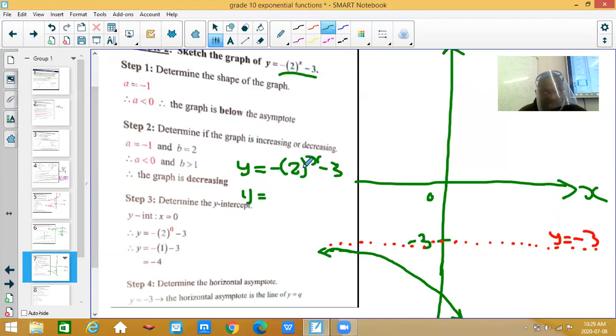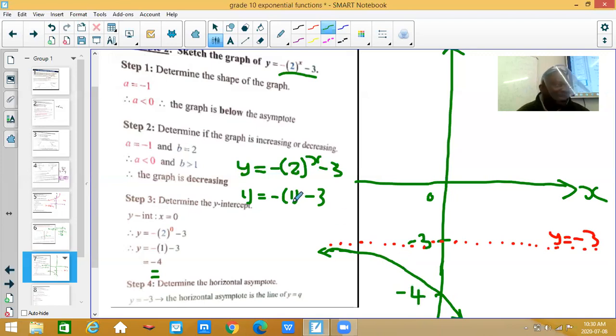What does that give us? 1. Since this gives us a 1, minus times a positive is negative. So negative 1, negative 3, negative 4. So you are actually saying this graph will cut at negative 4.